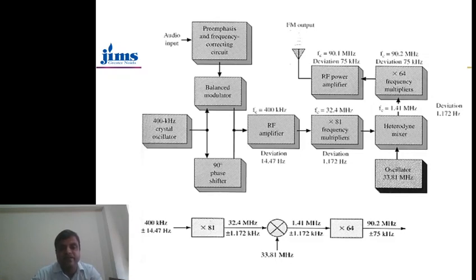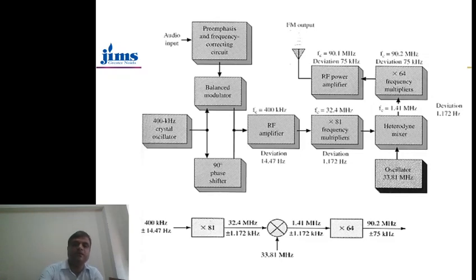So again this frequency is down converted to 1.41 megahertz, but deviation is around 1.172. It means we maintain this deviation. Then it again passes through a frequency multiplier and converts to 90.2 megahertz and deviation around 75 kilohertz. That is our required deviation that we use for the modulation of the signal.